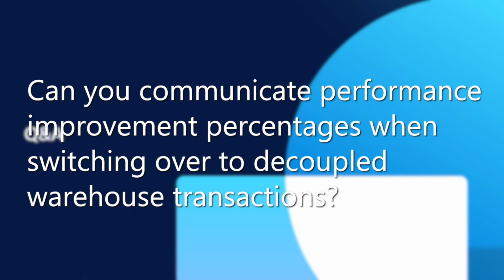But we've seen significant performance improvements in our own internal testing and with the customers who worked with us in the private and public previews. And by significant, I'm talking about 30% plus improvement in performance time of those warehouse inventory transactions.